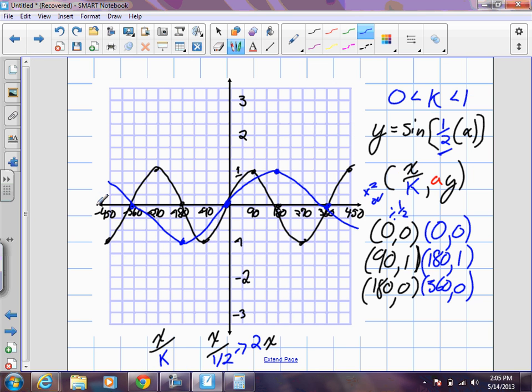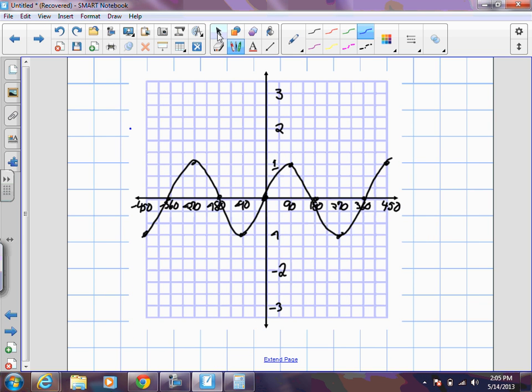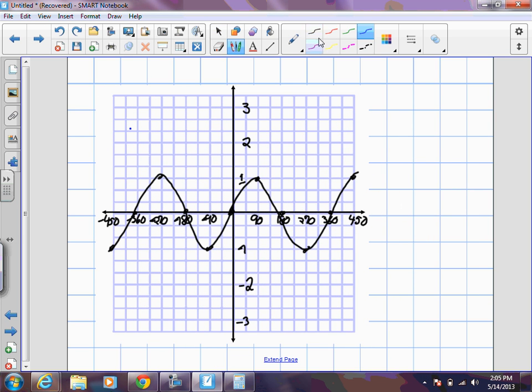And the last one we're going to talk about is when K is a negative value. So let's say K was equal to a negative value, and specifically, let's do negative 1. Y equals sine, and in this case, our K value will be negative 1. We still use the exact same idea.